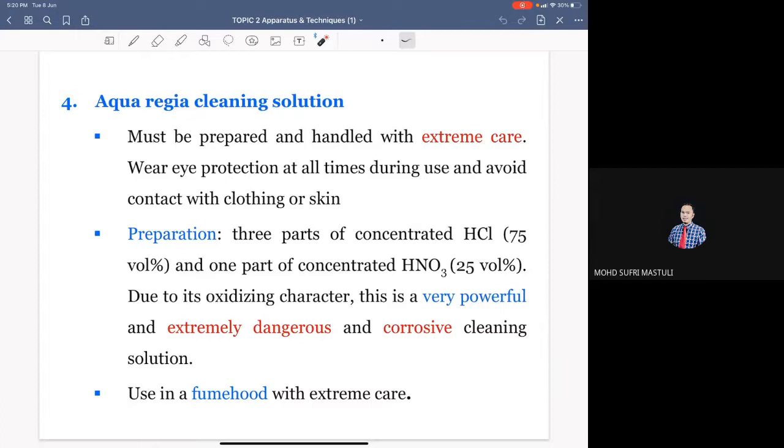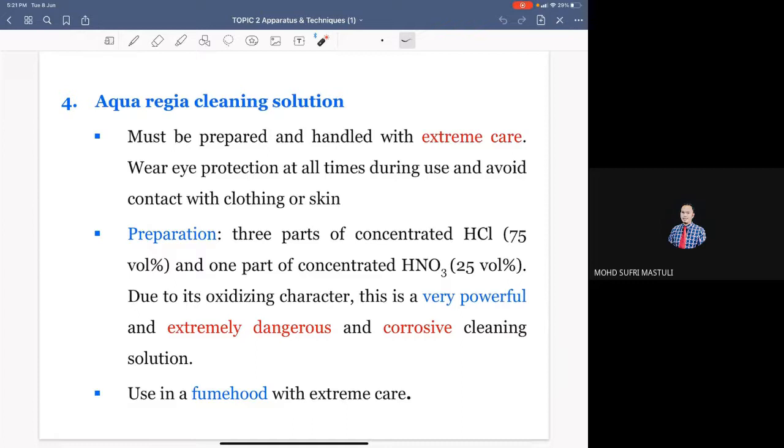Okay, another cleaning solution is aqua regia. Also, it should be handled with extreme care. Use eye protection and avoid contact with clothing or skin. How to prepare the aqua regia? Hydrochloric acid plus nitric acid.